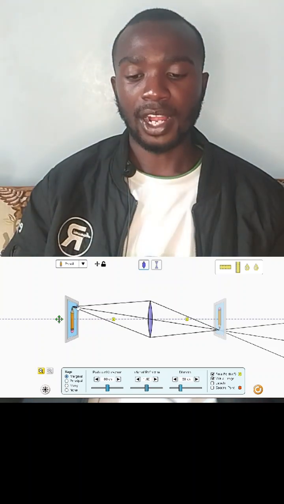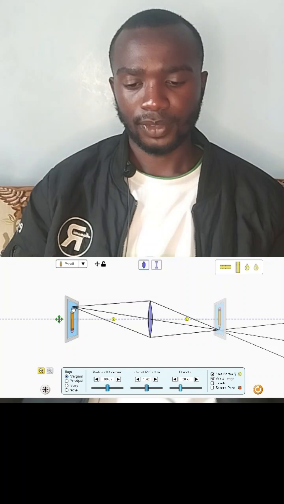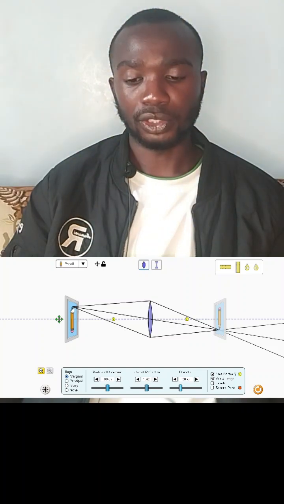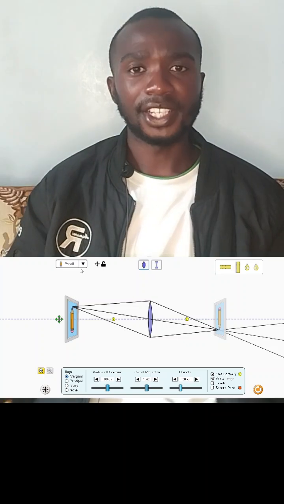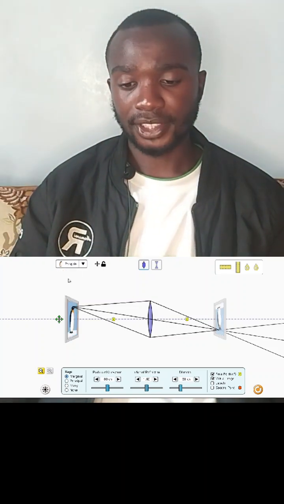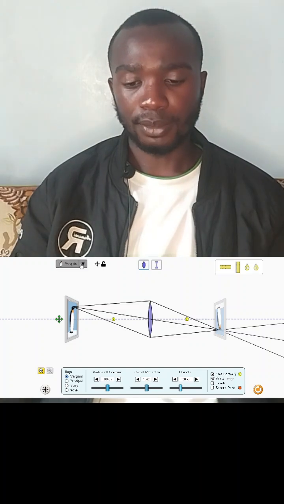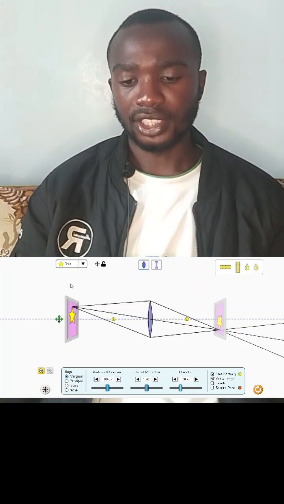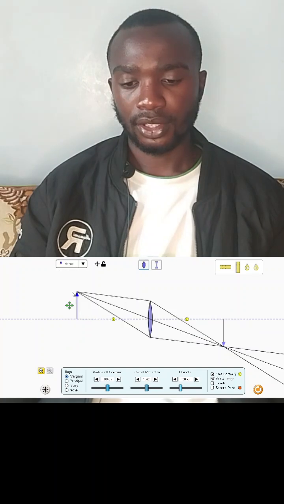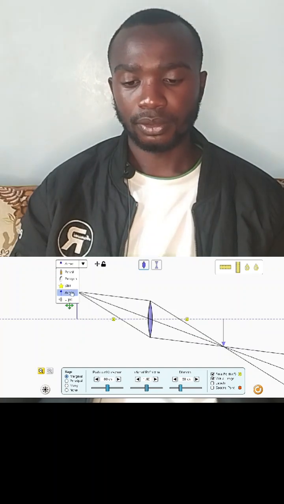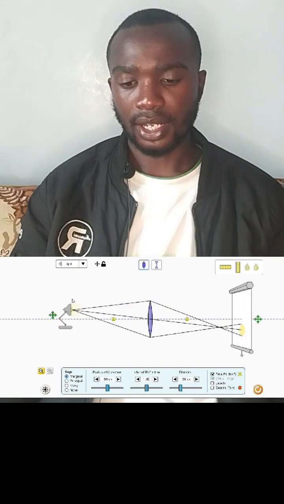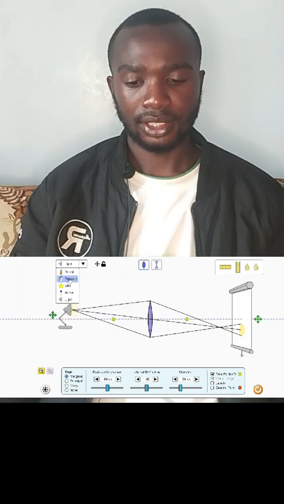The rays coming from the object. So hapa object ni penseli. Moja inaweza kuwa anything. So tunaweza kuwa na pencil, tunaweza kuwa na object ya penguin, tunaweza kuwa na star, tunaweza kuwa na arrow, tunaweza kuwa na light.